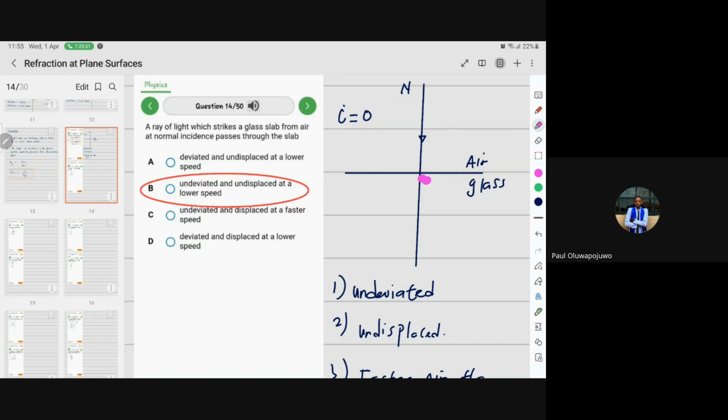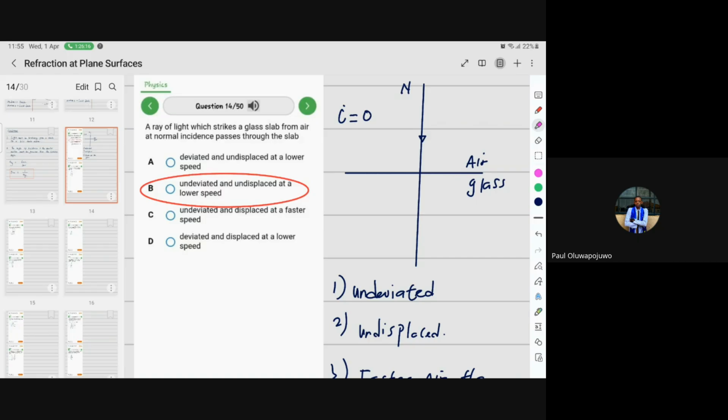What happens to the refracted ray? There will be a bending away, isn't it? Are we together? But in this case, my judgment of undisplaced is because I know that this ray is traveling in a straight line, so I don't expect anything to be displaced. Nothing will happen. It just keeps traveling. If it's undeviated, if it does not bend, nothing will happen.